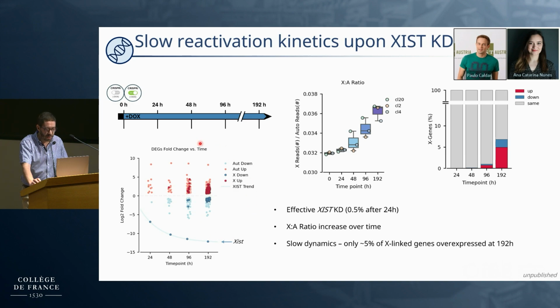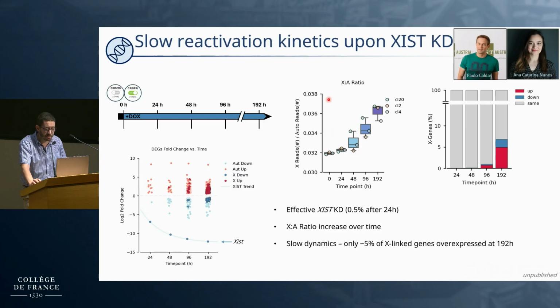So since this was working very well, the next question was, what was the consequence of this knockdown? We calculated the X to autosomal ratio, and we saw that with time, this X to autosomal ratio was increasing in a significant way.